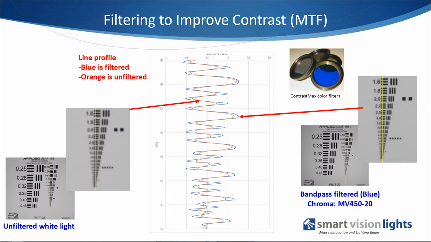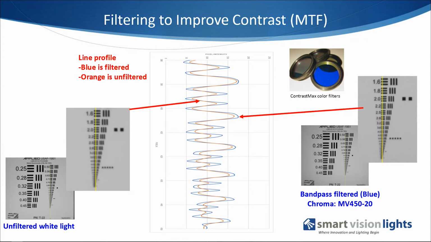So if you look along the orange line, which is the unfiltered white light, you'll notice you do have contrast, and we're swinging from a high and low as we're crossing those bright background and the dark bars. But you'll notice the peaks and valleys are 100% less and contained within the blue line.